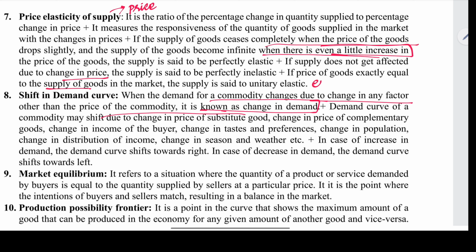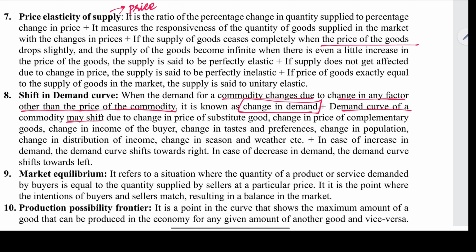So except price, for any other factor, if there is a change, then it is called a shift in the demand curve. When the demand for a commodity changes due to a change in any factor other than the price of the commodity, it is known as a change in demand.